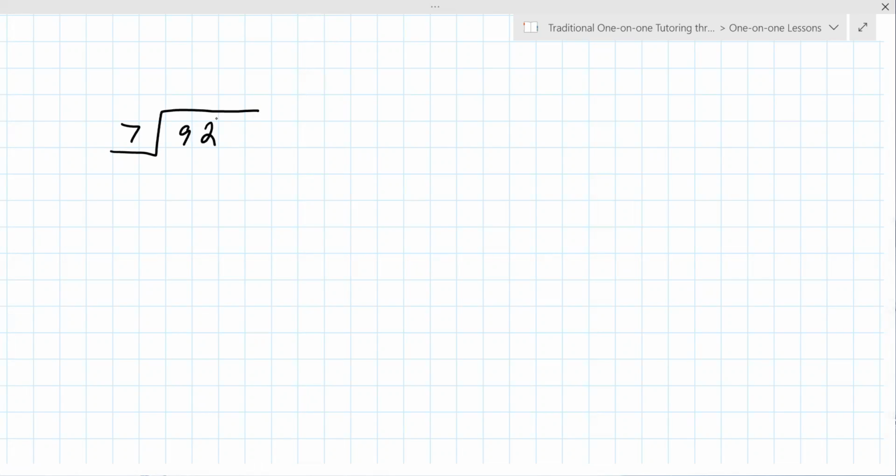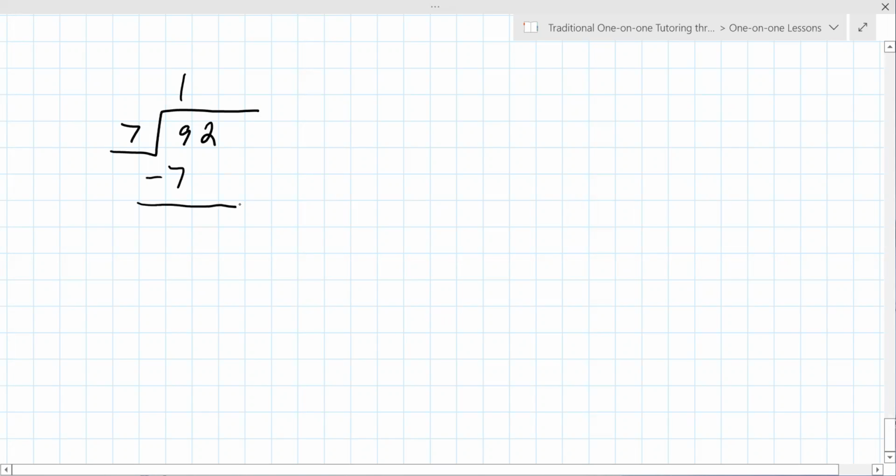So how many times does 7 go into 9? 1 time. What is 1 times 7? 7. You can subtract. What is 9 minus 7? 2. And then you bring the other 2 down.